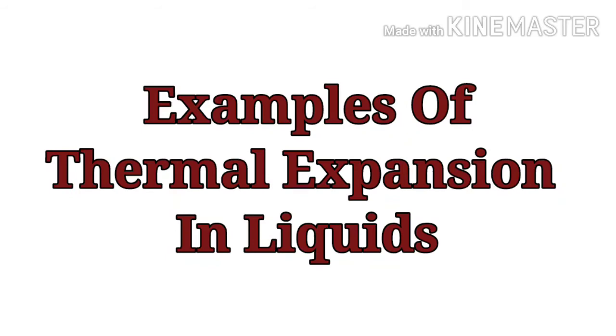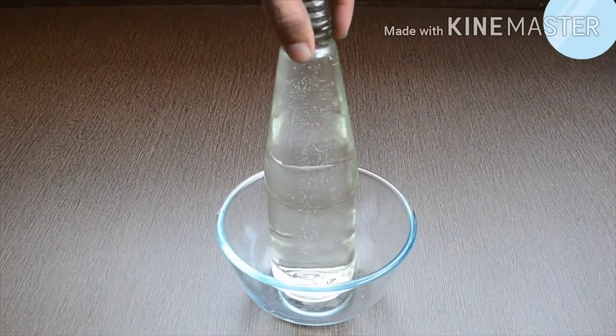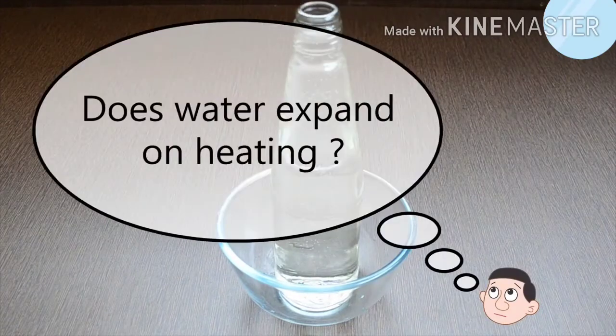Thermal expansion in liquid. A liquid can also expand on heating. In a liquid, cubical expansion takes place. So let's see through an example. Take one bottle filled with water.